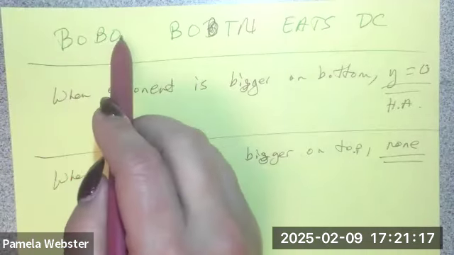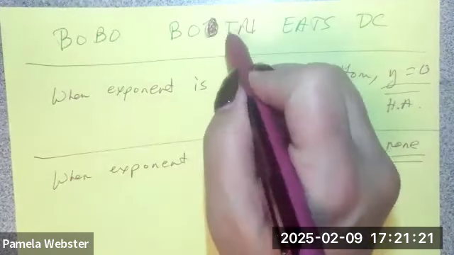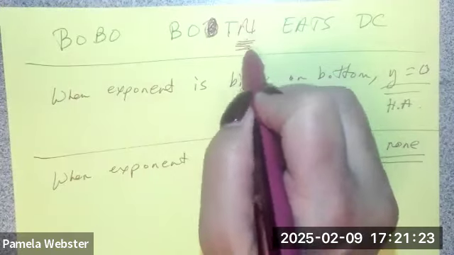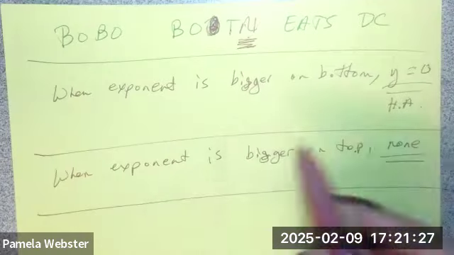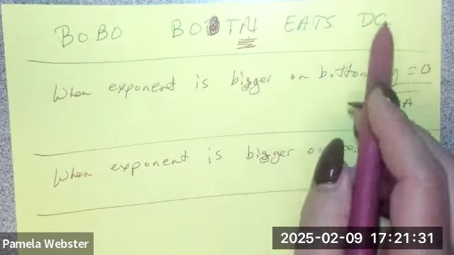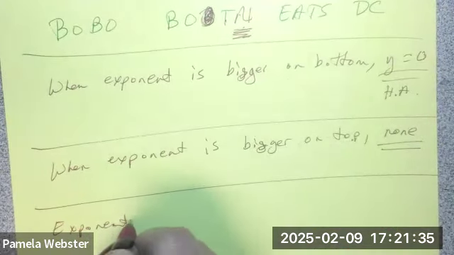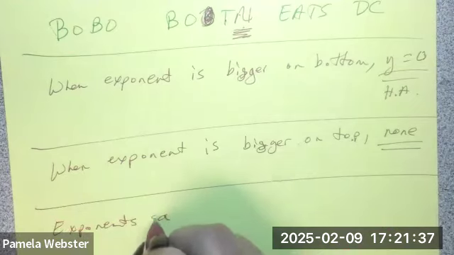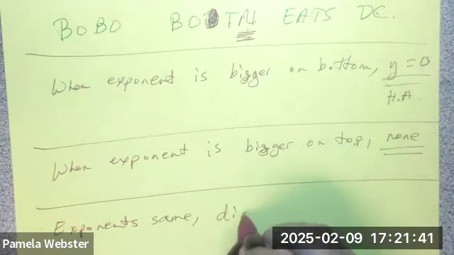Bigger on bottom, y equals 0. Bigger on top, there's none. And then the last one is, exponents are the same: divide the coefficients.